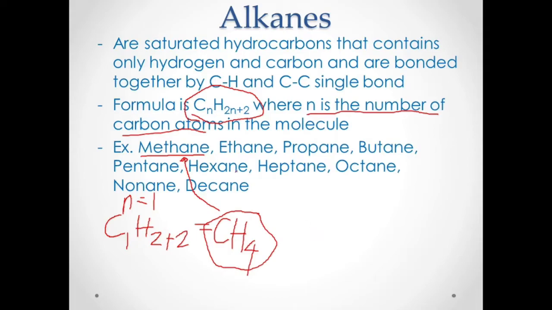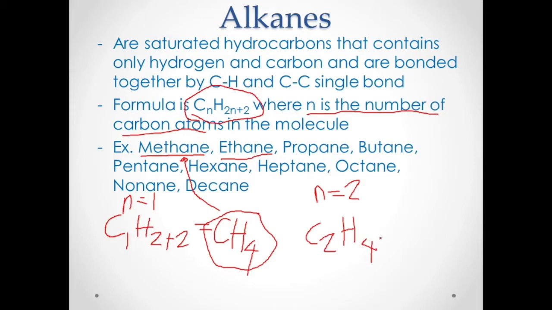Easy, right? For ethane, it contains 2 carbons. So that becomes n is equal to 2. So what would be the molecular formula for ethane? C2, okay, H, that would be 2 times 2, that would be 4.